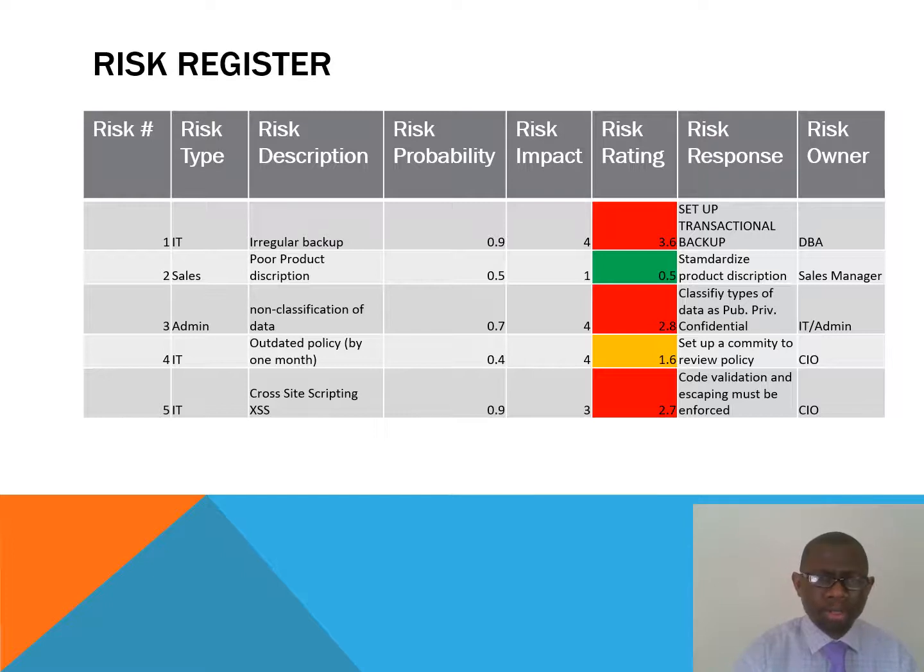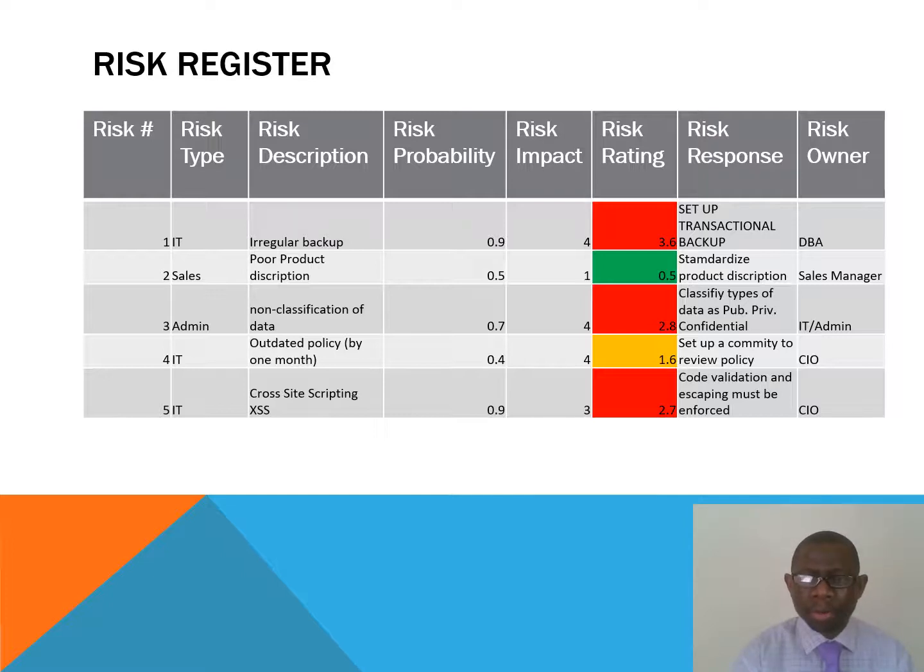So let's look at risk number 5, cross-site scripting, that we just looked at in the scenario. In this situation, we assume that it has a 90% chance of occurring, and the risk impact is rated from 1 to 5. It is rated 3 out of 5.